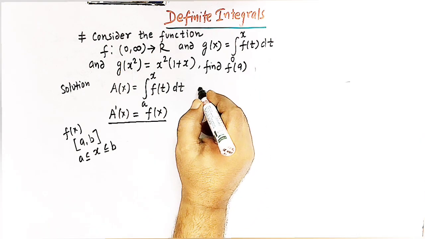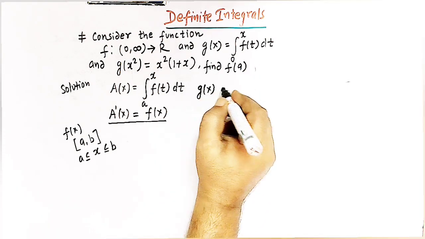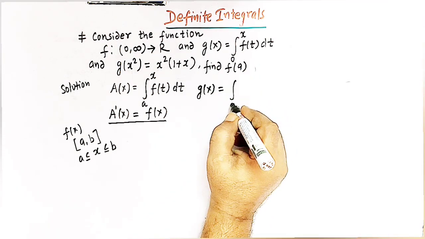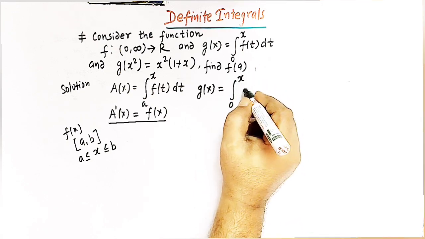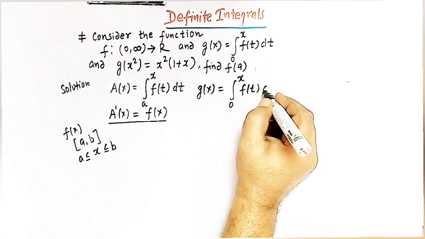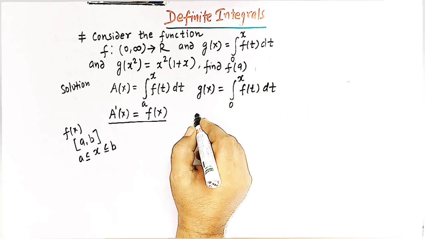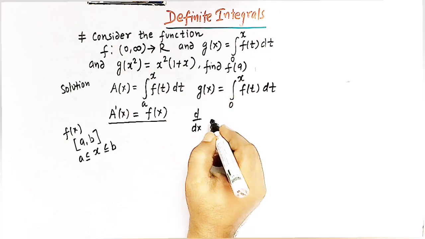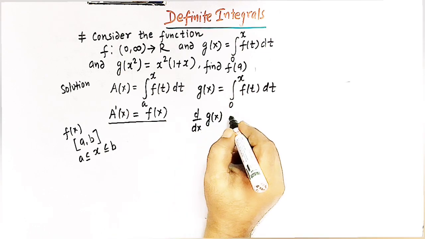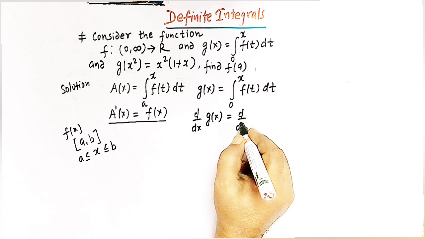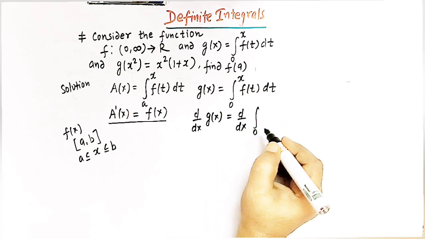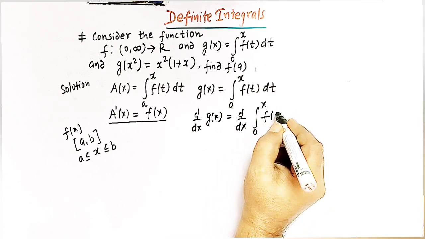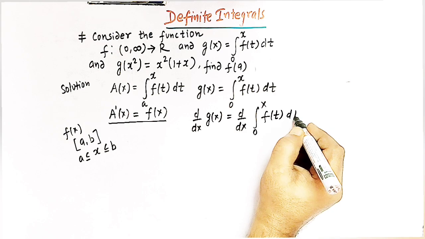So here we are given that g of x is equal to the integral 0 to x f of t dt. So now if we differentiate both sides, that is d by dx of g of x, then we have d by dx of the integral 0 to x f of t dt, right?